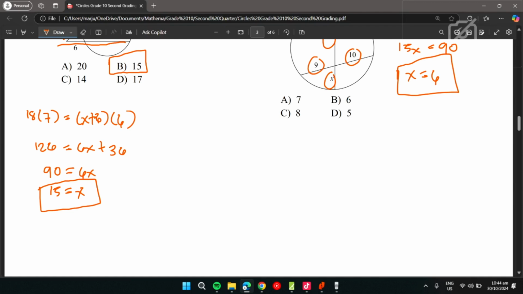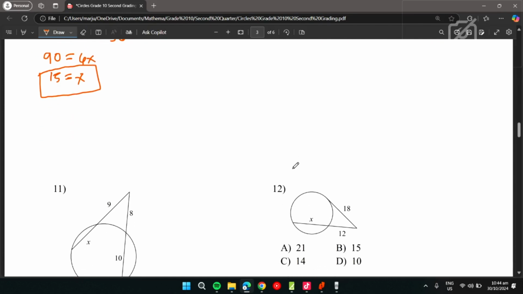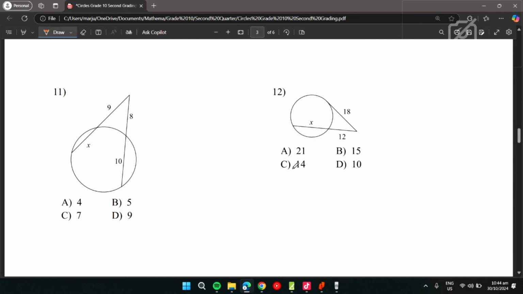Tangent chords. Alright, so do you want us to go back dun sa mga arc? If you want, babalik tayo dun. Gawa lang ako ng other worksheet for that. After this, I only have 12 kasi dito. So this will be the last two numbers for this one. Okay, balik tayo dun after this. Alright?